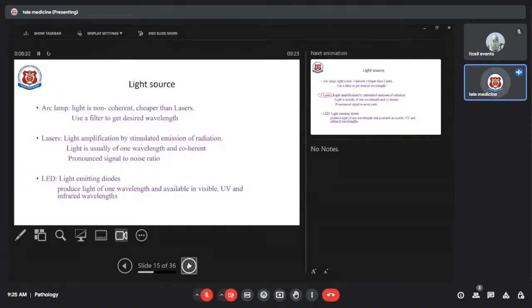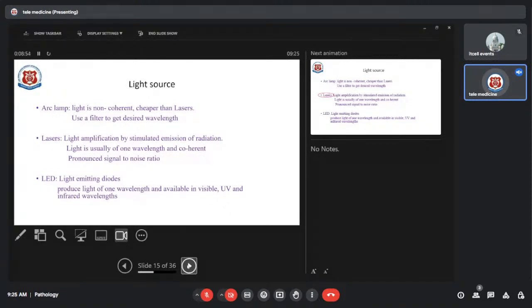Coming to the light source, we can use various light sources which are available, like the arc lamp, the lasers, or the LEDs. But we prefer the laser light, and also because it gives a pronounced signal to noise ratio.